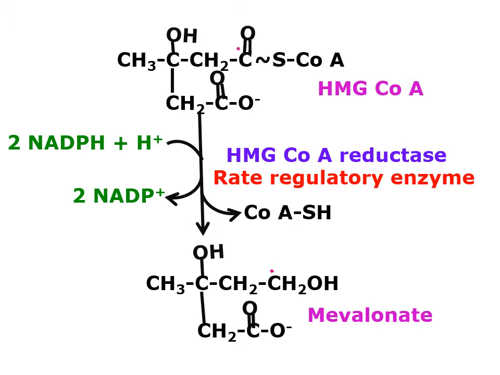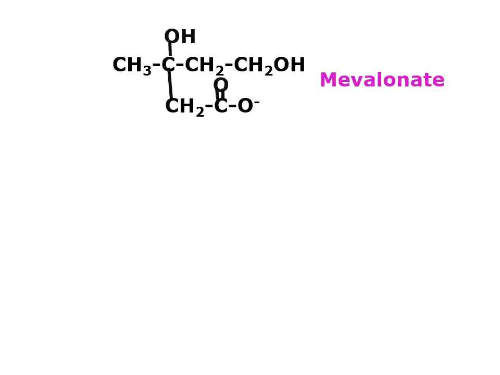Mevalonate is a compound having 6 carbon atoms: 1, 2, 3, 4, 5 and the 6th one.